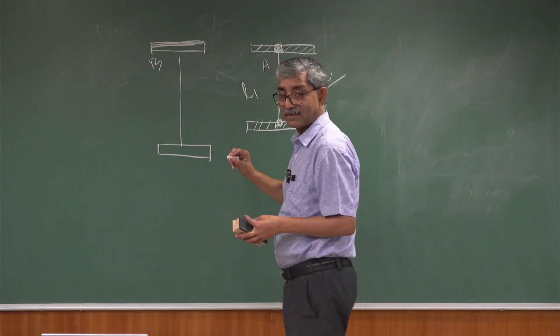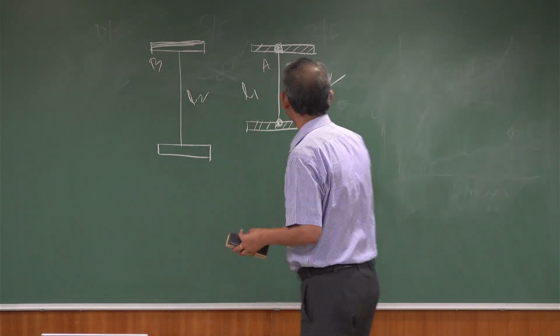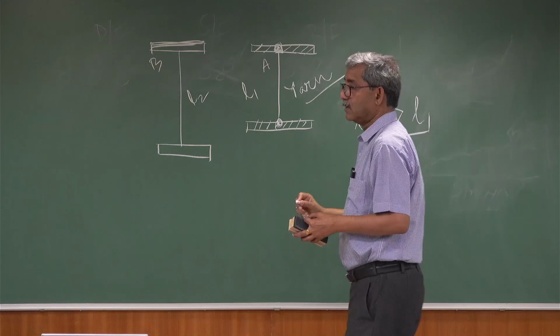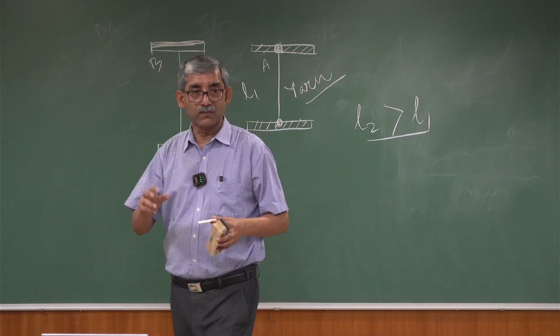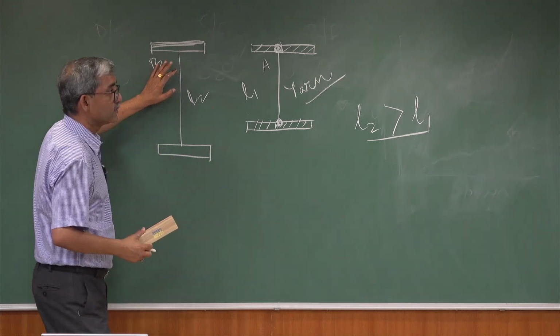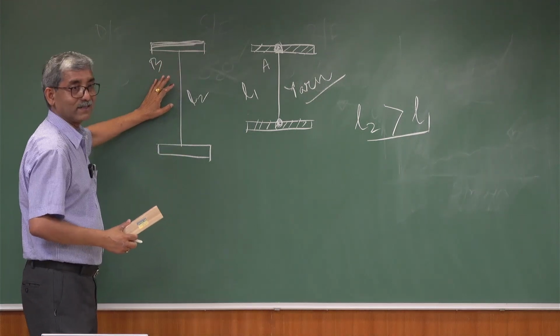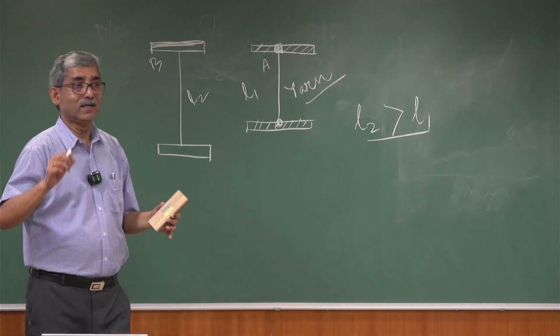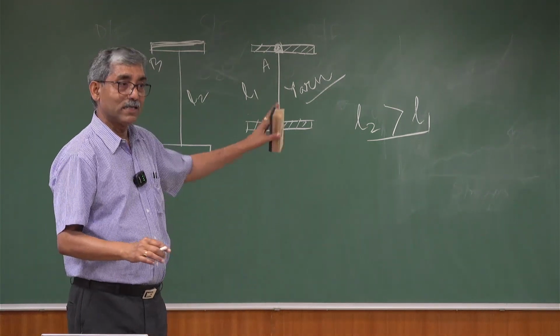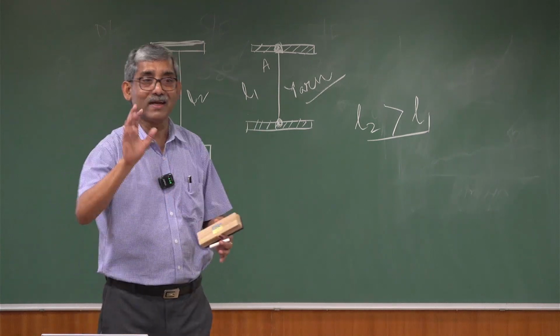L1 is the gauge length, here L2 is the gauge length, where L2 is more than L1. When he is using the L2 gauge length, he is going to get lower strength for the same material. This we will discuss; it's called the weak link effect.